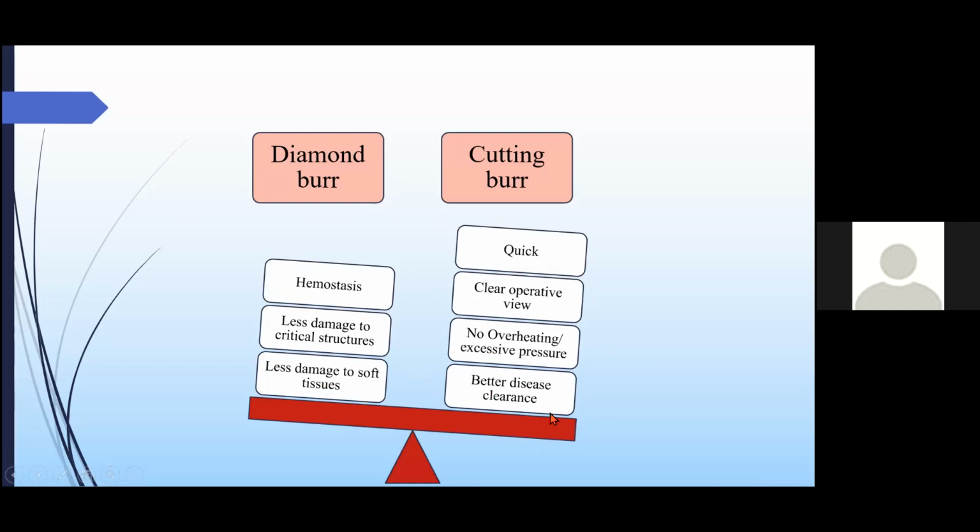And the disease clearance is better with the cutting burr, but we should not ignore the importance of the diamond burr also, because it serves as a hemostat during any bleeding, and also for critical structures and any soft tissue damage. So these should be used according to the situation, and both are actually beneficial. We should not ignore the advantages of each.